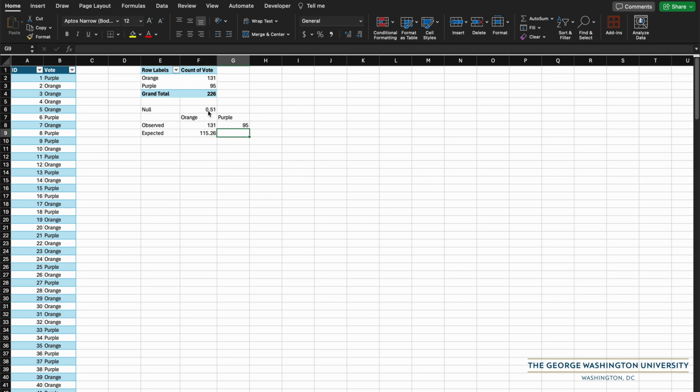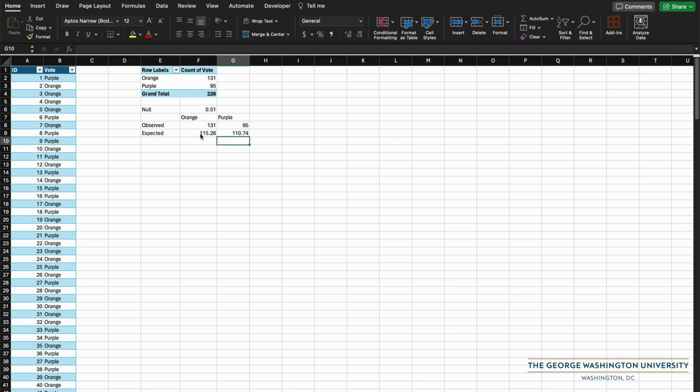So let's look at purple. That is just going to equal 226 minus 115.26. You could also have said 226 times 0.49, or 1 minus 0.51. If the null hypothesis were true, that 51% of people chose orange, and I take 226 people, 51% of that would be 115.26, and 49% of that would be 110.74. That is what I would have expected.